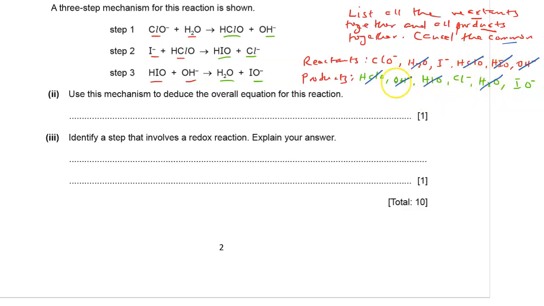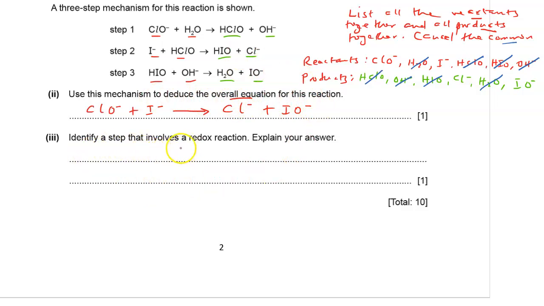That is also gone. We are remaining with chloride ion and iodine up there, and here we are remaining with chloride and iodate ion. So for reactants we have remained with this plus that, and the products with that plus that, and that is the overall equation for this reaction.